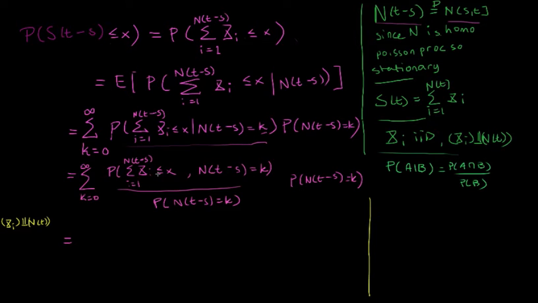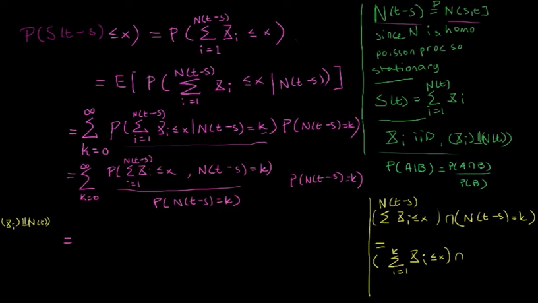But the thing is, if I look at the event that the sum of Xi smaller than or equal to x, summed up until t minus s, intersected with the event that N of t minus s is equal to k, well, that is the same as the event that I have k up here in the sum intersected with N of t minus s is equal to k.